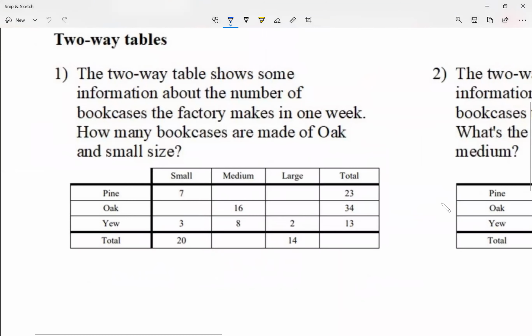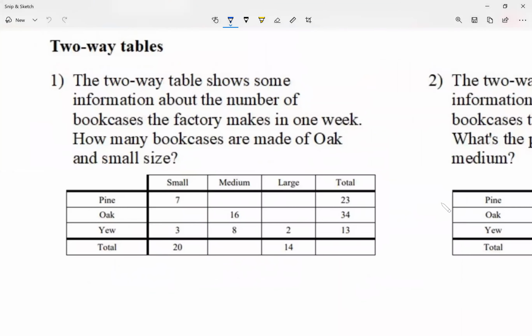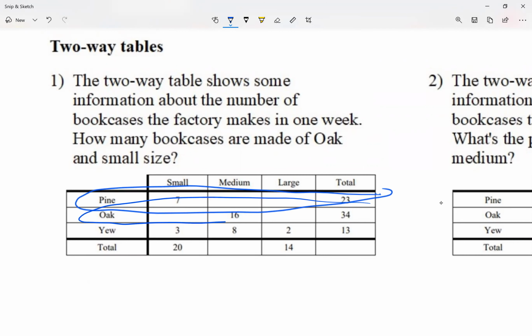Here we have two tables that show some information about the number of bookcases a factory makes in 1 week. The reason we call it two-way is that if we want to know the material, the type of furniture, we read it this way: pine, oak, and yew.